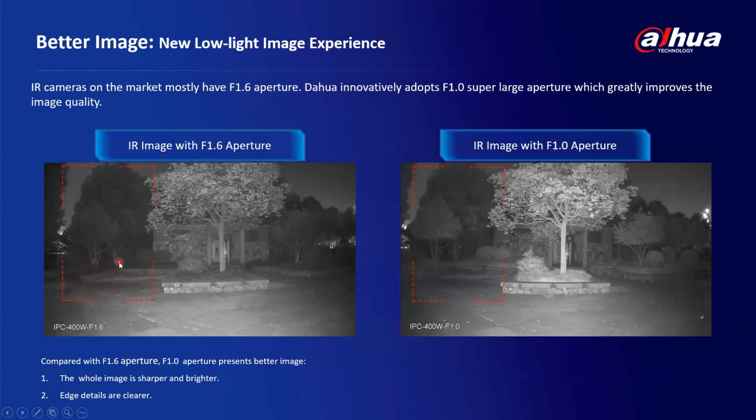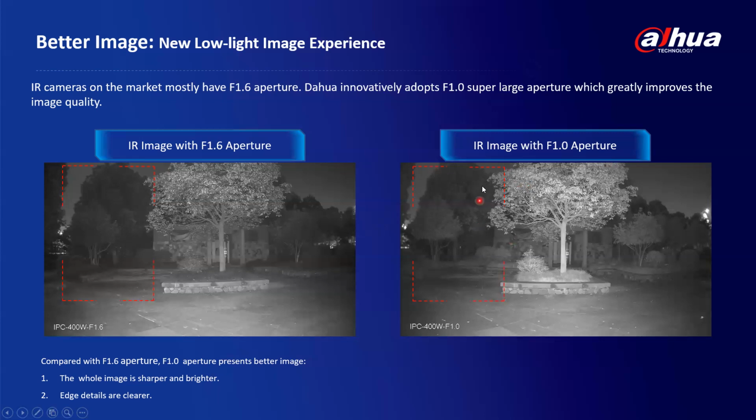In this case, you can take a look at this section here. This is a tree that's slightly away from the region of interest. Realize that the background looks a little bit shady, or darker. But still, because of this 1.0 super aperture enabled camera, this is still the region of interest, but you can still see clearly the items which are behind it.